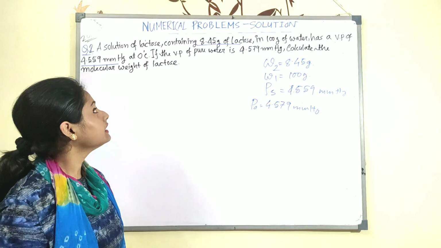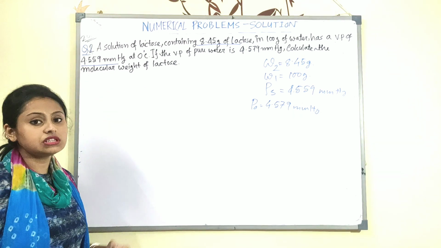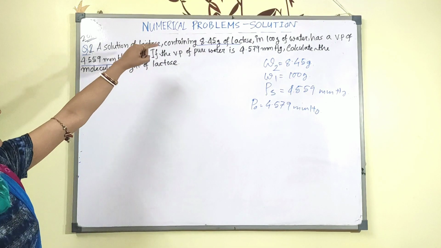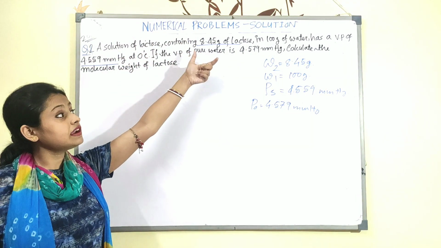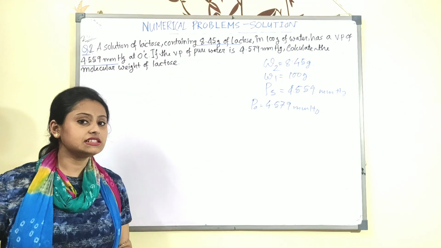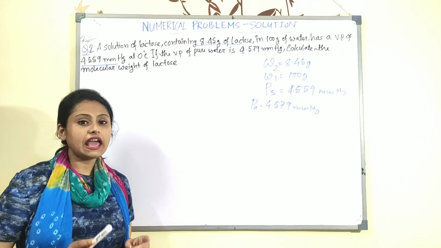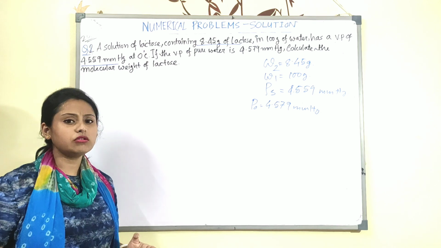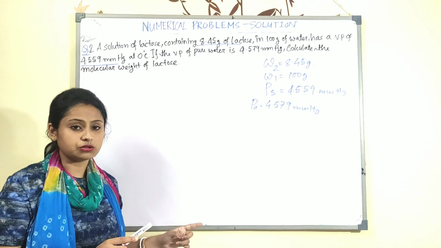See one thing, can the solution be considered dilute? 8.45 gram of the solute is being dissolved in 100 gram of water, so it cannot be considered a dilute solution. In the previous problem, we had 0.5 gram of solute and near about 35 gram of benzene, so that was a dilute solution.